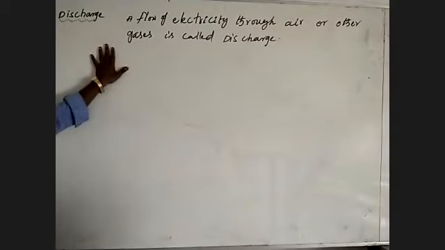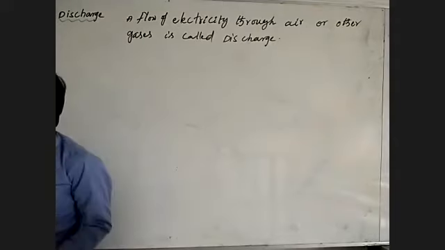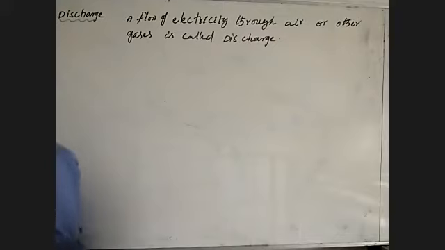The flowing of electric current, meaning the electrical energy, the flowing of negative charge through the air or gas is nothing but what? Discharge. Charge is measured in coulombs. Understand?